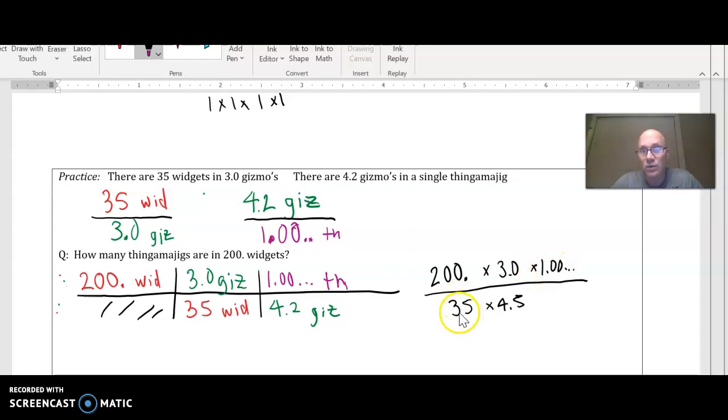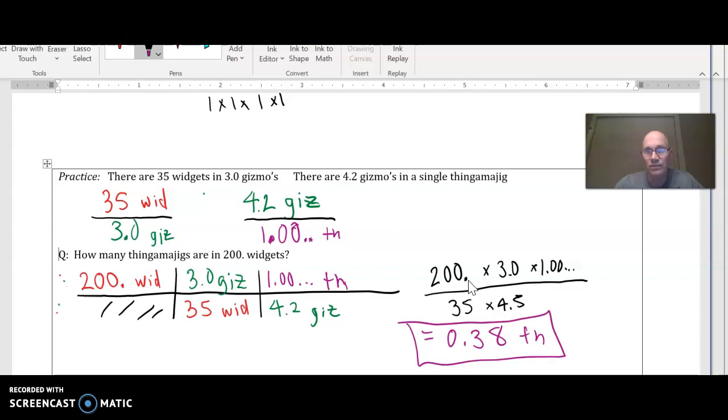So this one's got 2, this one's got 2 sig figs. Which one has the fewest sig figs? There's a couple of them that tie for that. The lowest number you see in here is 2 sig figs, which means we should round that number right there to 2 sig figs. So that's going to become 0.38, and that's the way we should report the answer.